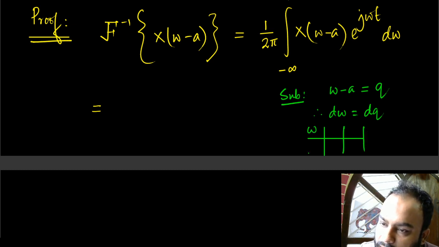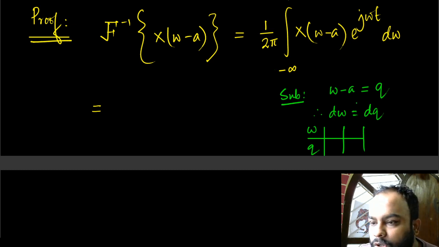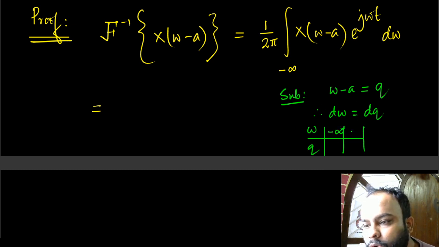Omega varies from minus infinity to plus infinity. When omega goes to minus infinity, q is also minus infinity, because a is a finite quantity, and when omega goes to plus infinity, q also goes to plus infinity. No issues with that.